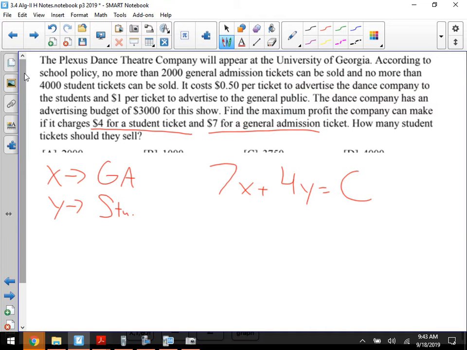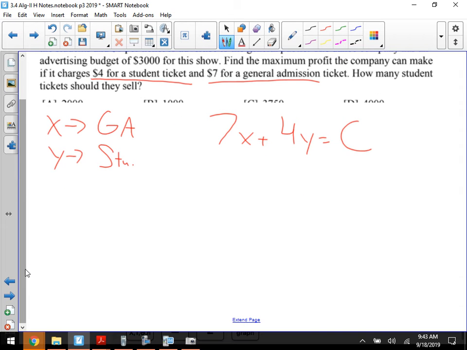In this problem, they talked about money, like you were saying. The money that they can spend to advertise was given to us at $3,000. Could they spend more than $3,000? Could they spend $3,000? Could they spend less than that? Yeah, sure. So we know that your upper limit is $3,000, less than or equal to, and it costs you $1 for general admission and 50 cents for students. So $1 plus 50 cents.